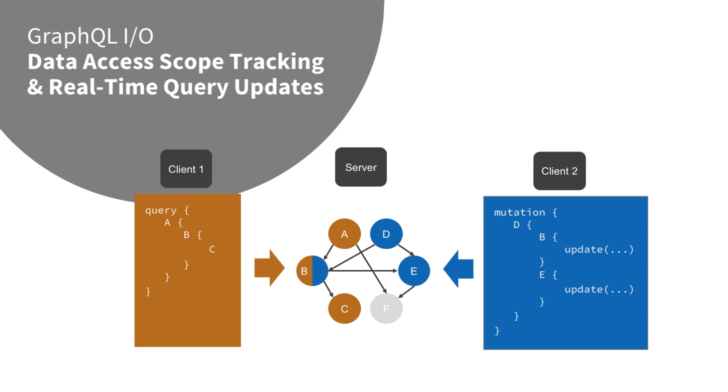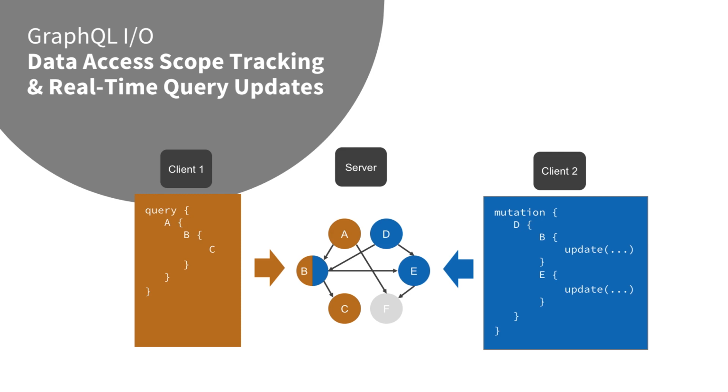Then another client comes. Here on the right side, client 2, which does a mutation. It starts differently by, instead of A, at D, but it goes also to B and performs an update on B. It does also an update on E, but it doesn't matter very much.